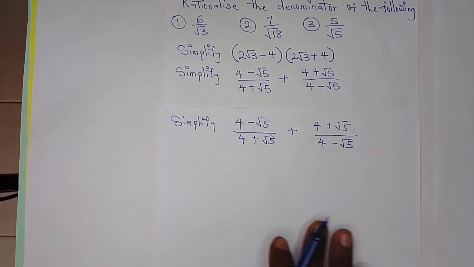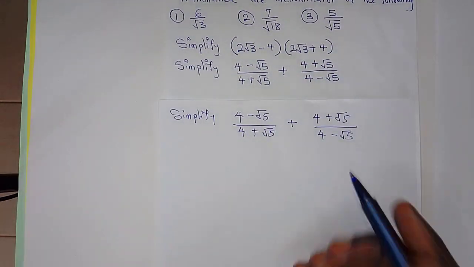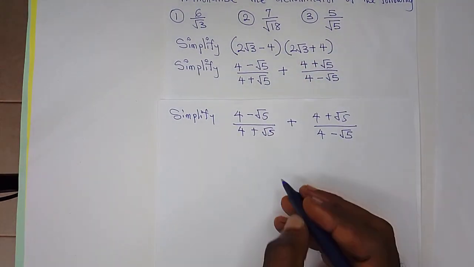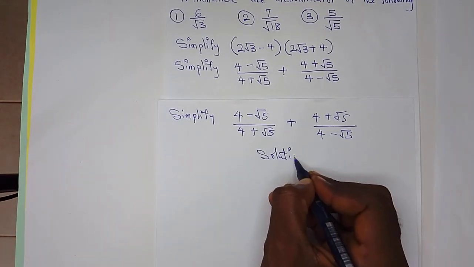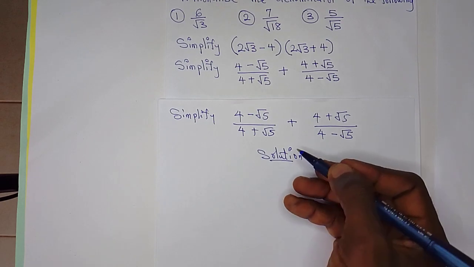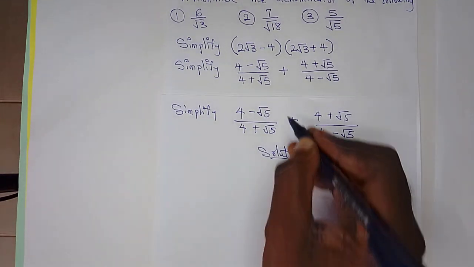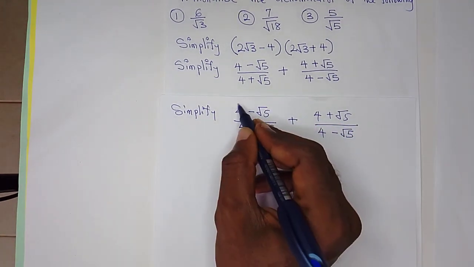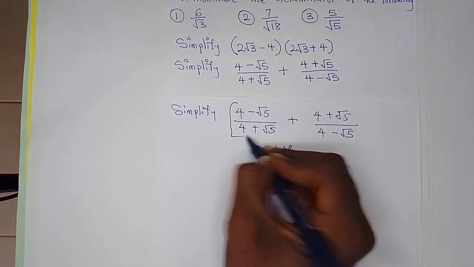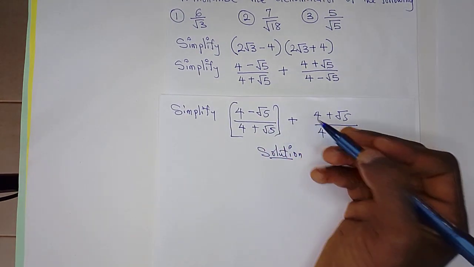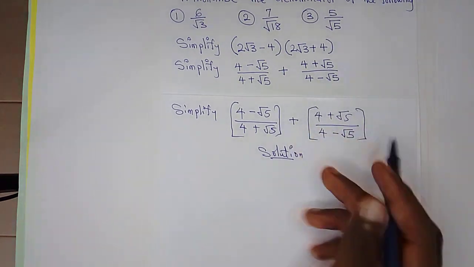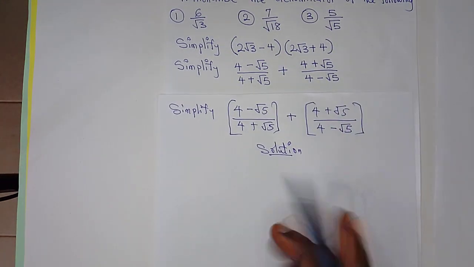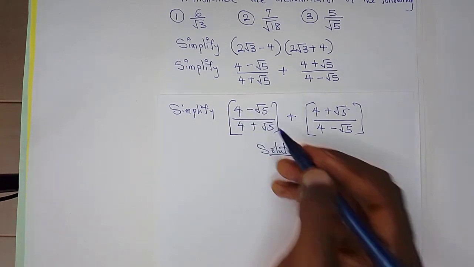Now, this question is going to take a little bit of time, but just follow up and see how it is done. All right. Now, what I'm going to do is that we are going to simplify this first. Then after that, we'll simplify this. Then we add our answer. You get that?